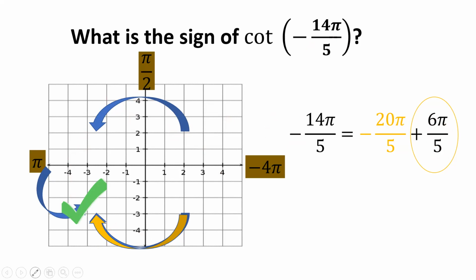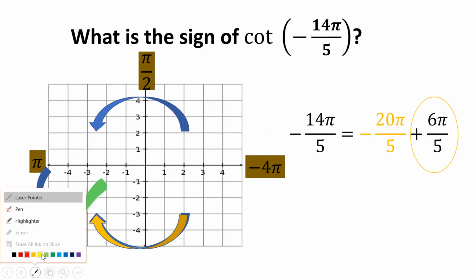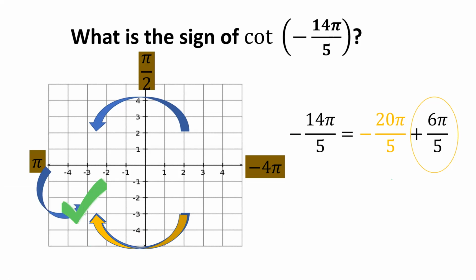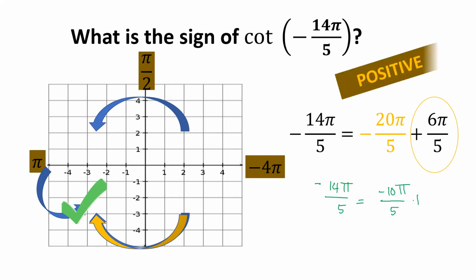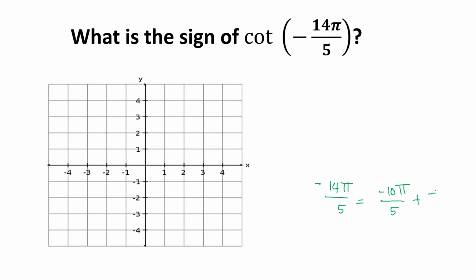Okay? Actually, pwede rin yung ganitong style. So, let's get a pen. Halimbawa, kung ayaw mo nang manggaling ka sa may negative, may positive, gusto mo parehong negative lang, gusto mo si negative 14 pi over 5, you can write this as negative 10 pi over 5 plus negative 4 pi over 5.